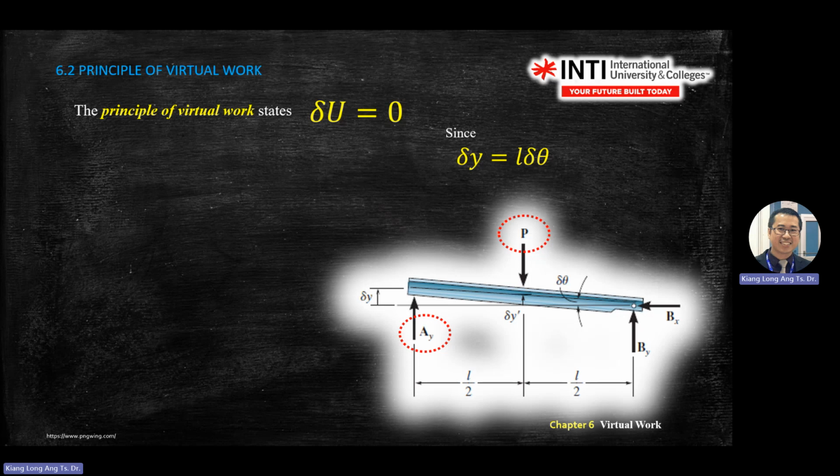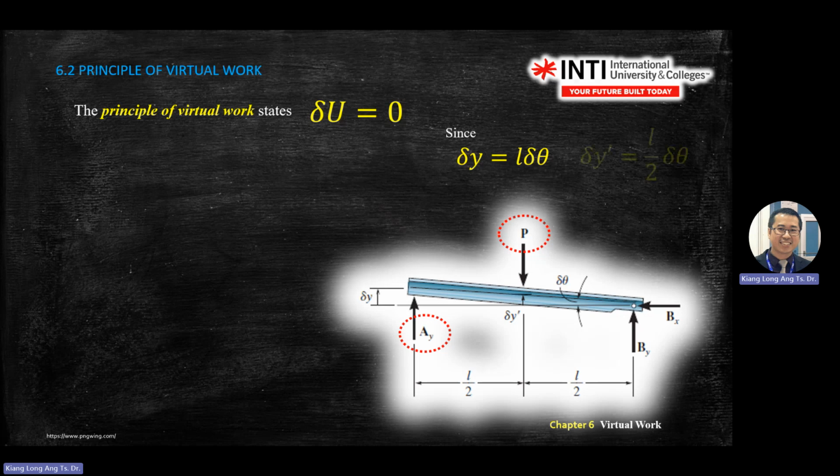S equals R theta. What is S? It is a small section of distance traveled through this small angle here. So delta y equals L delta theta. This L delta theta is the same as the principle I wrote on the whiteboard here.